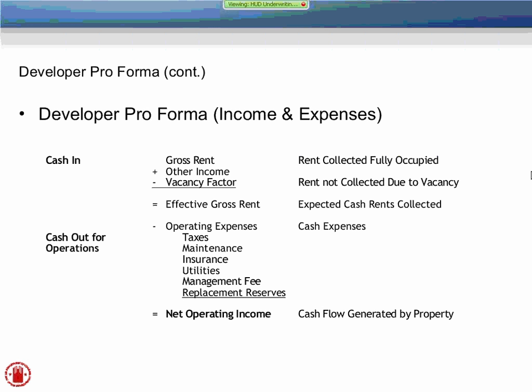Okay, so if we look at this developer pro forma, and this is a simplified version, what the lenders are going to be looking at, again, is getting down here to the net operating income. And then from net operating income, we're going to subtract out debt service. So if you've now gone to look for some gap financing, they are now going to be looking at a lower NOI because they're going to subtract out the debt service that you've obtained from that first mortgage lender.